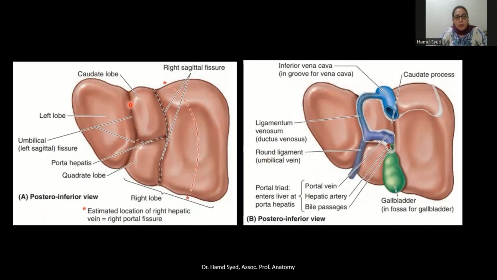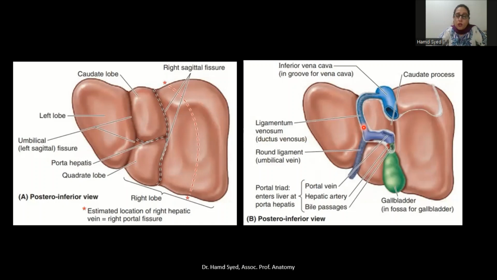Because this represents the fissures for ligamentum teres and venosum, and the ligamentum venosum represents the ductus venosus, and so you can see in the next diagram, here is the ligamentum venosum, which represents the ductus venosus.